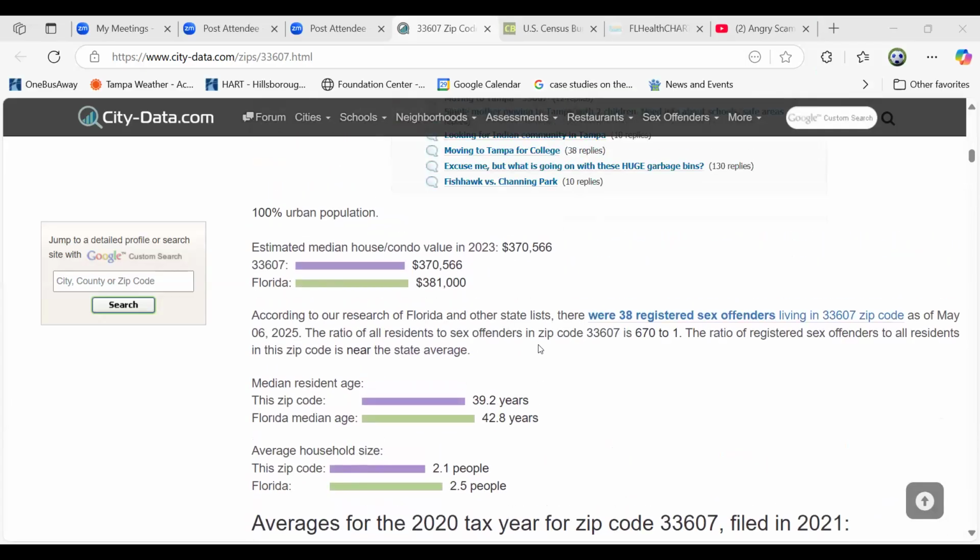In addition to that, you can get information about the median household income. And this right here, the median household income is 370 compared to the state of Florida. Some neighborhoods that you're going to be doing a project in, the estimated median income might be only 200,000 or 180,000. If that's the case, what does that tell you about that neighborhood?